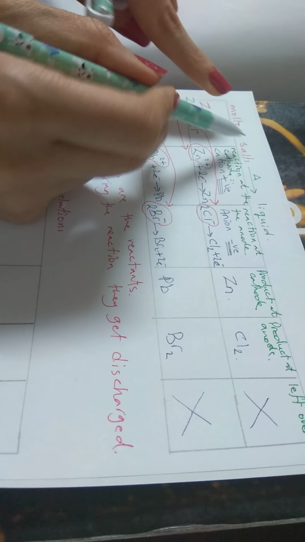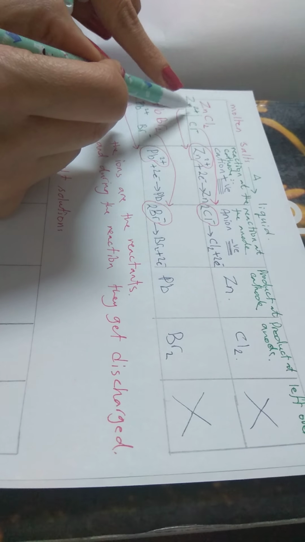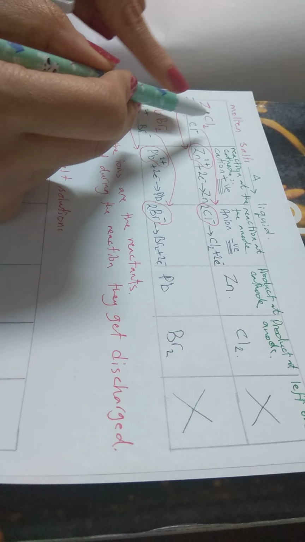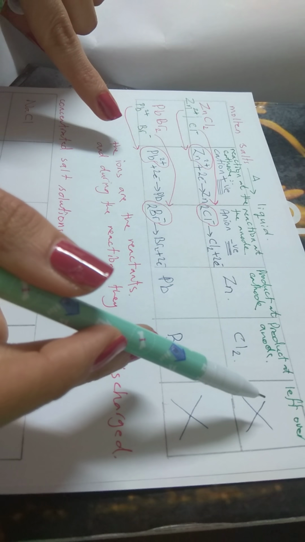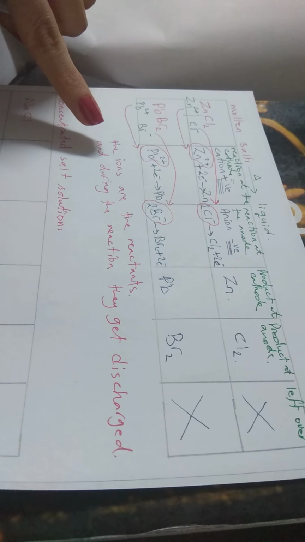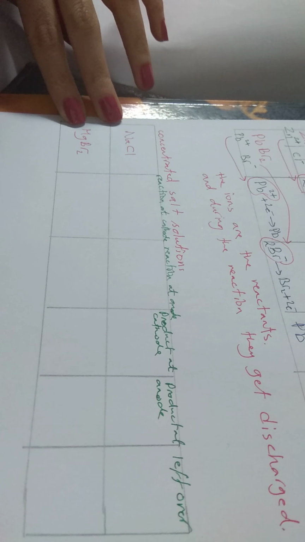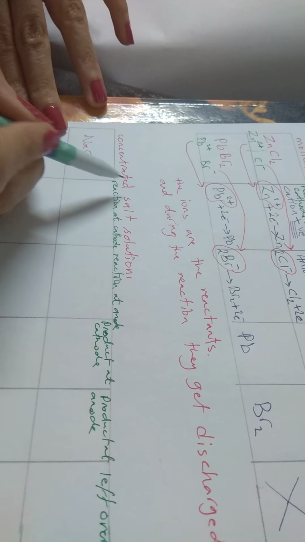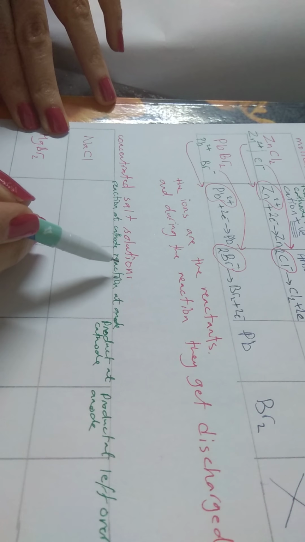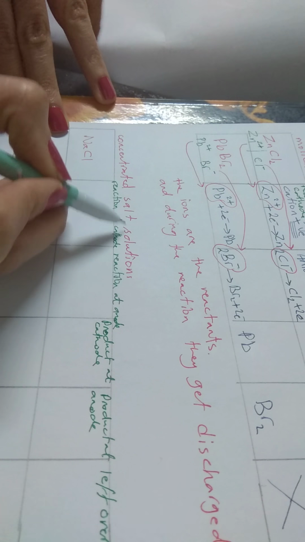So always in molten salts, we only have the positive ion of the salt and the negative ion of the salt, and we don't have any leftover. Okay, number 2 is the electrolysis of concentrated salt solutions. So we have solutions, not molten, solutions.